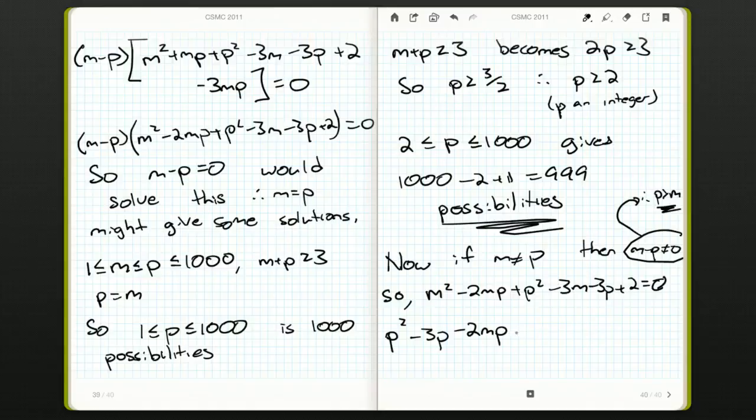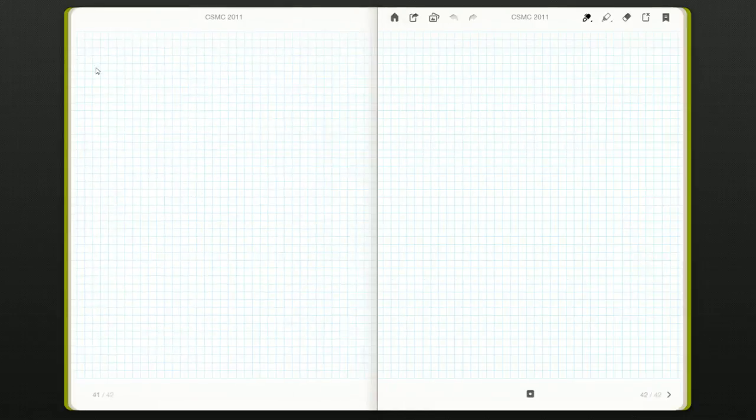Minus 2mp, and I think that's all the p's we have, plus m squared minus 3m plus 2 equals 0. And what we see here is we have a quadratic in terms of p. P squared, and then, oh gosh, what was it? I just saw it on the other page.